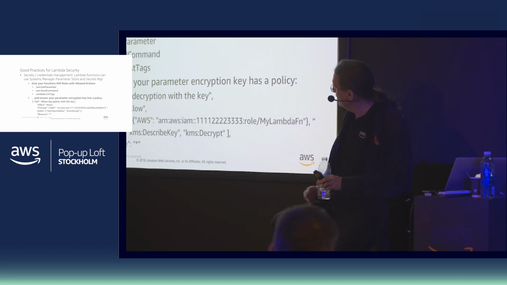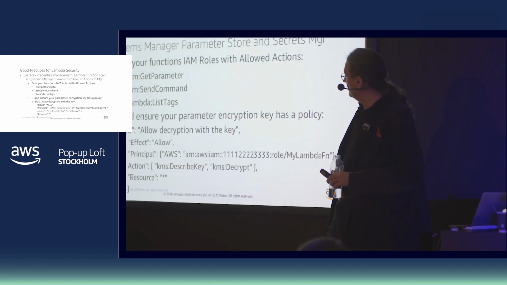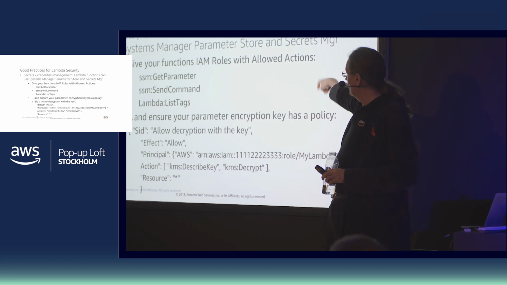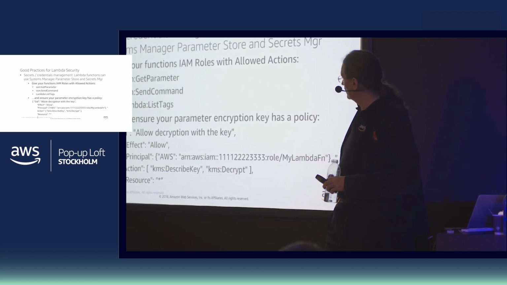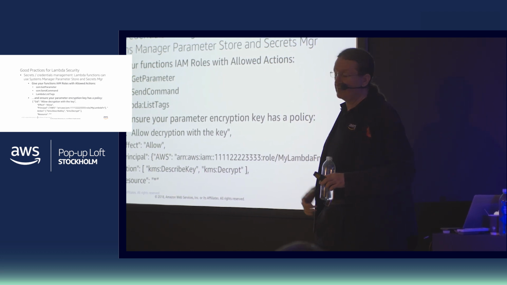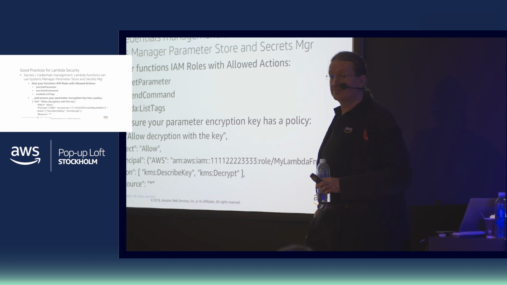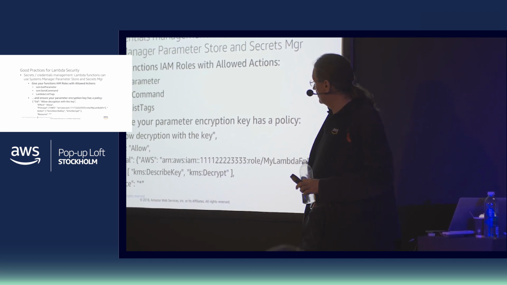So anyway, onto a little bit of detail with Parameter Store. You don't need to give many further IAM permissions in order to use this. Both Secrets Manager and Parameter Store encrypt their secrets in the back end with the KMS key of your choice, so you can keep your secrets nice and secure.